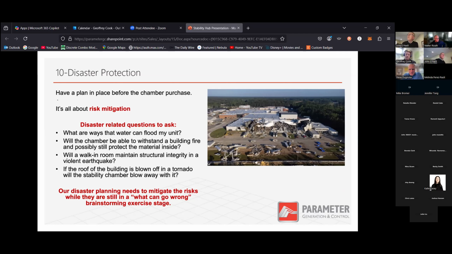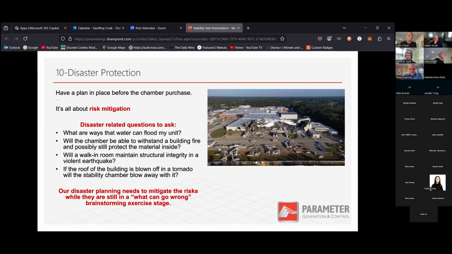So floods, even regardless of a flood from Hurricane Helene, the chamber can flood itself via a clogged drain. If your chamber's on the roof, as seems to be 60% of the attendees' preference, you will have water running to that chamber, and it's going to be on the roof of your stability chamber. If that water pipe springs a leak, you can flood your facility.